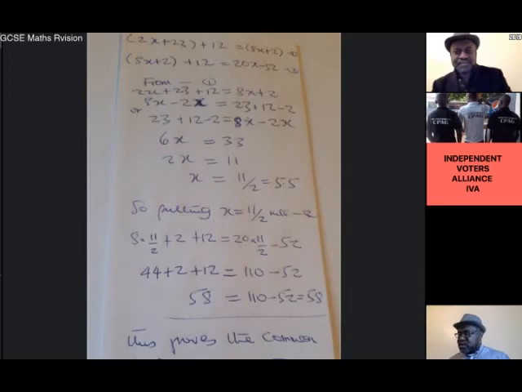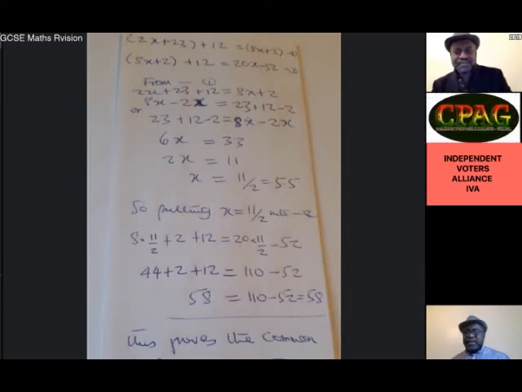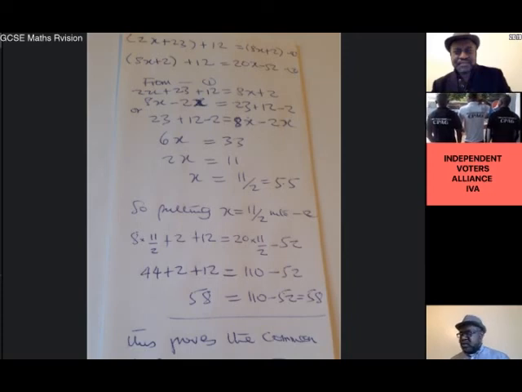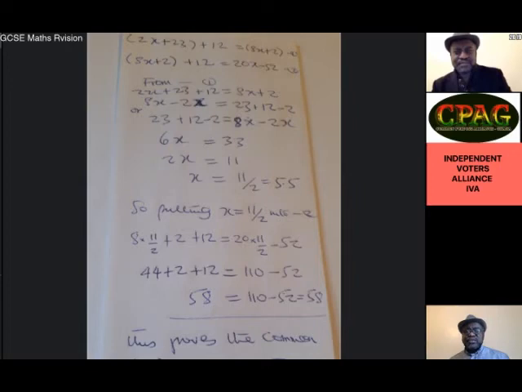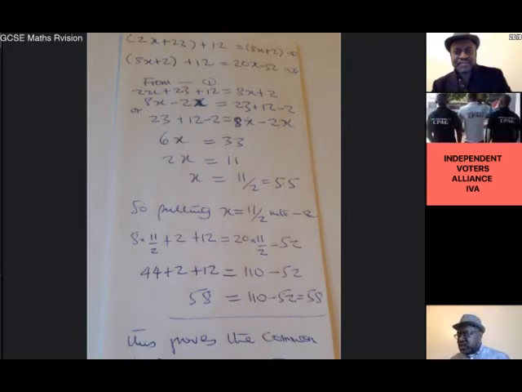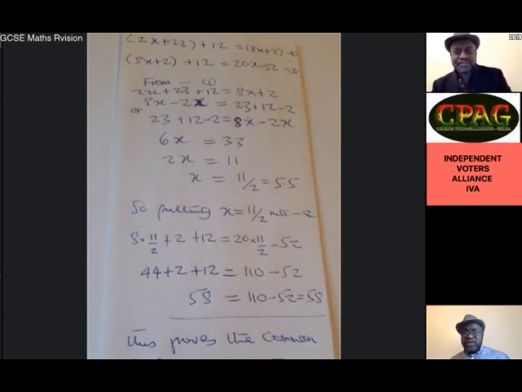So now you can simply go ahead to find x, where you get 6x is equal to 33. Then 2x is equal to 11, and then x is equal to 11 over 2, which is 5.5.